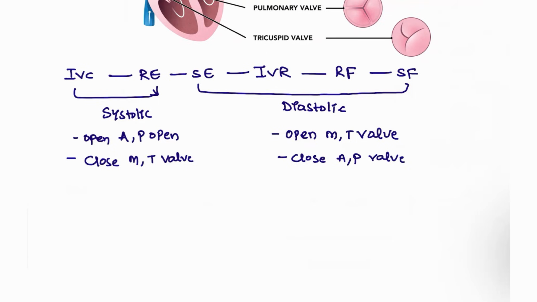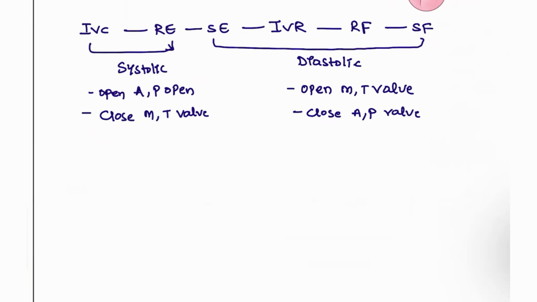If you understand why I revised this again: during the opening of the aortic and pulmonic valves, what murmurs are associated here? When these valves open only narrowly, there will be aortic stenosis and pulmonic stenosis, with murmurs in the systolic phase.